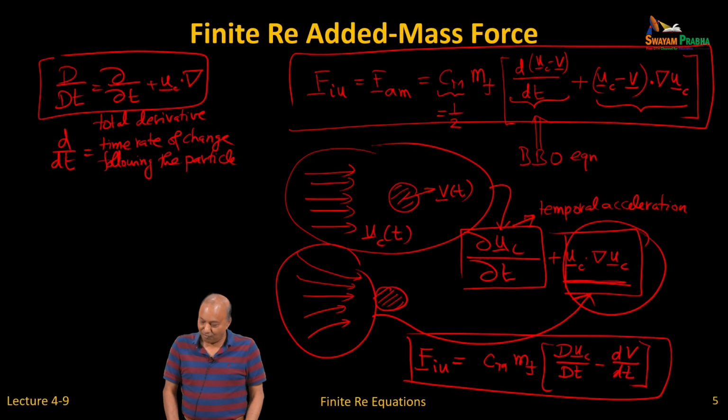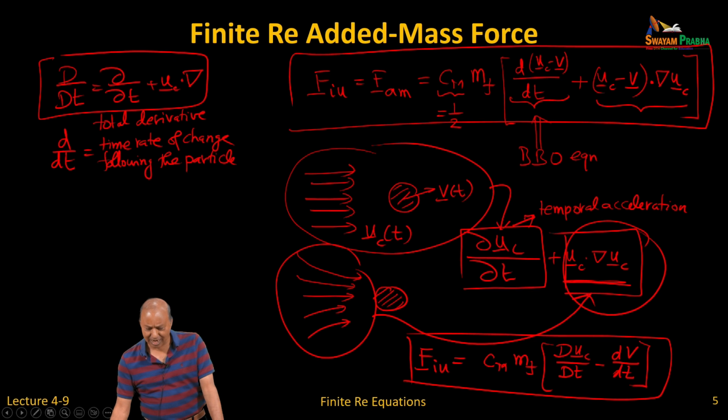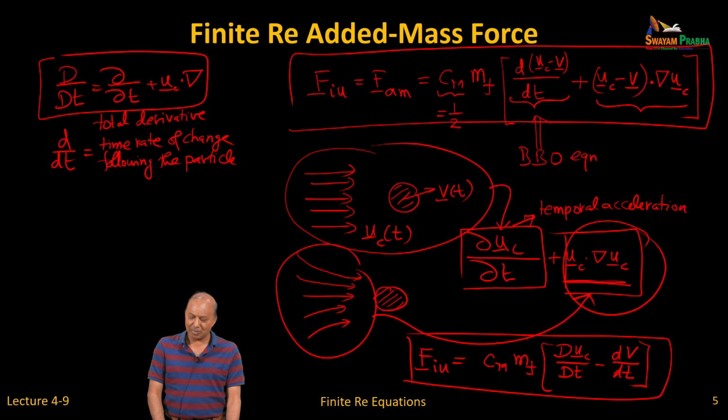Now the added mass force, the good news is that it doesn't change. The only thing, a technical detail, is that the d by dt term changes to a total derivative. When nonlinearity comes in, the fluid may not only accelerate in time, but there can also be convective acceleration.